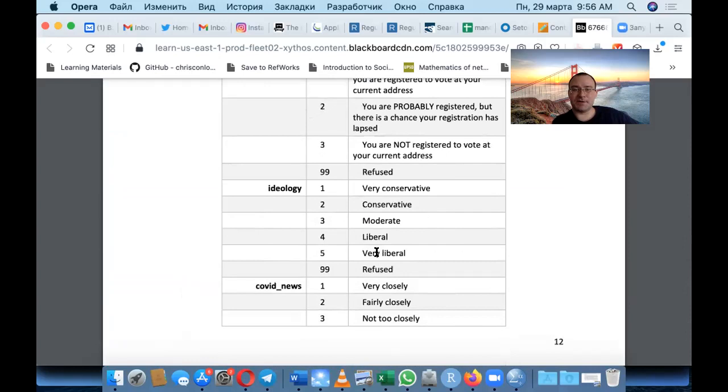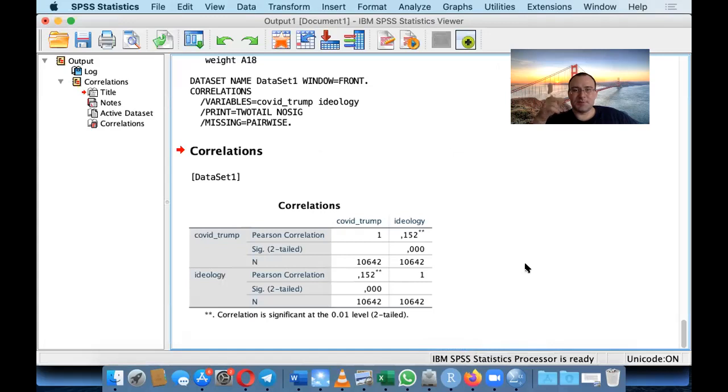You remember that in the supporting Trump variable, 1 means people support him, and 4 means they hate him. This is what this correlation means: people who are conservative are more likely to say that they support Trump, and people who are liberal are more likely to say that Trump has done a bad job. So this is how you do correlations, and this is how you interpret them.